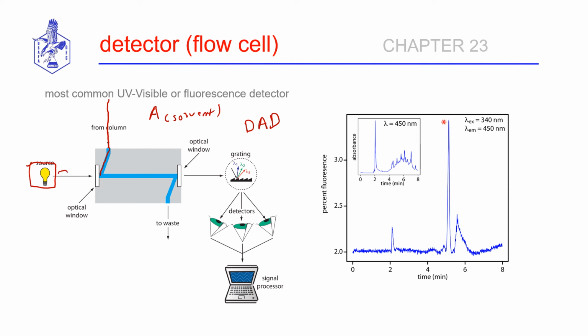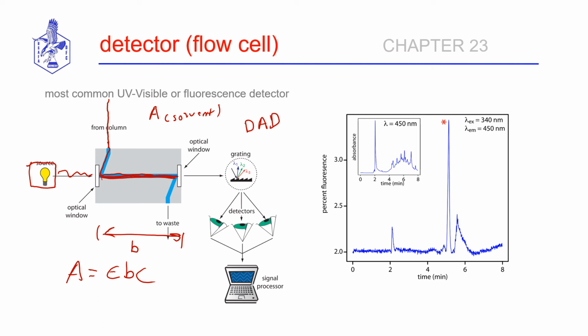Light will pass through an optical window, be focused into our sample, which now is going to occupy this volume in the flow cell. So there is that defined path length for Beer's law. Absorbance is extinction coefficient, path length, concentration of the species within.